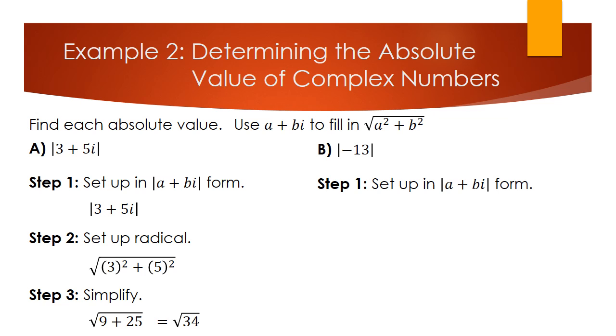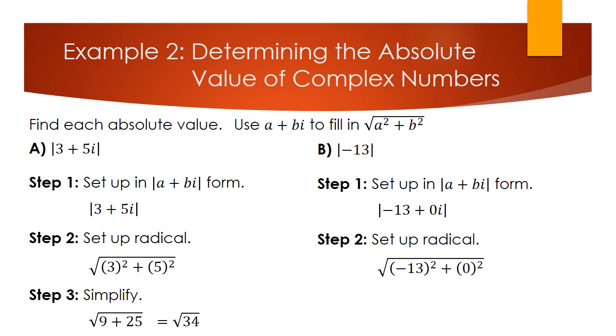Absolute value of negative 13. Set it up in the form of a plus bi. Negative 13 is your a. There is 0 for bi. Plug in negative 13 for a, 0 for b. Negative 13 squared is 169. Square root of 169 is 13. One more.